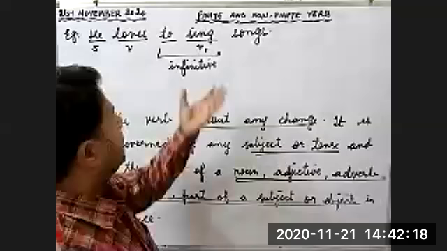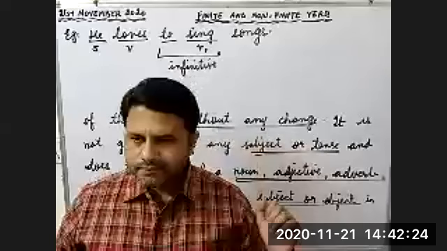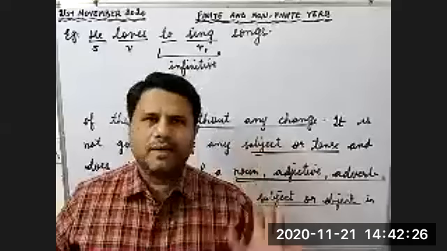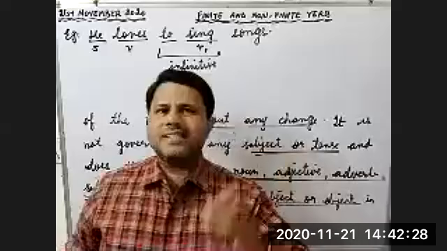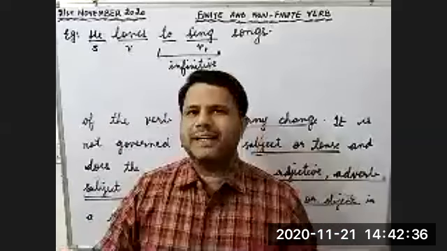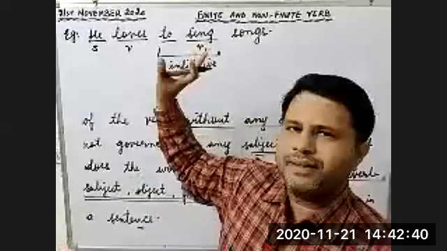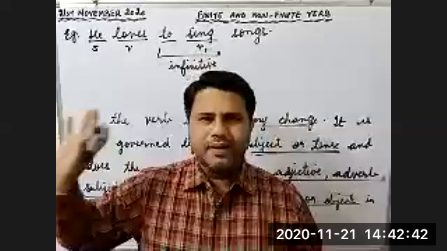If you look at this word to sing, time is not clear. Whether we are talking about present, past, or future time, it is not clear. But from loves, it is clear. Loves is the first form of the verb, and it shows that we are talking about present time. But to sing, from here, the time is not clear, and it is not used as a verb here.